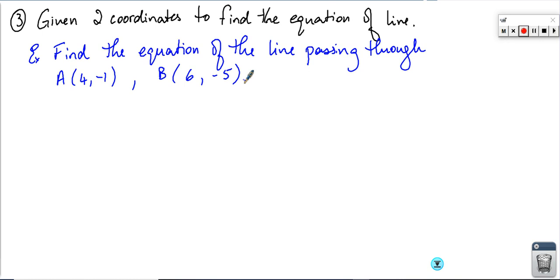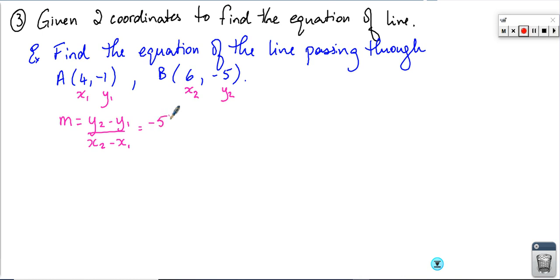Remember, our equation will be correct when we find both the gradient and the y-intercept. So from those two coordinates, I can start by finding the gradient. So I have x1, y1, x2, y2. Finding the gradient, m equals y2 minus y1 on x2 minus x1.